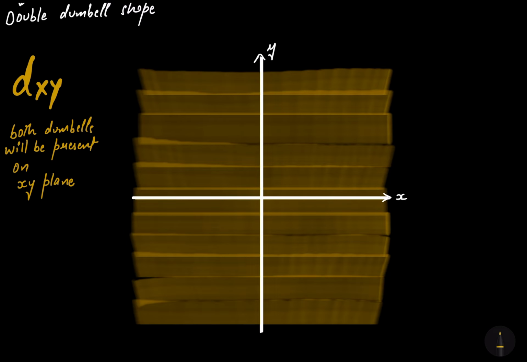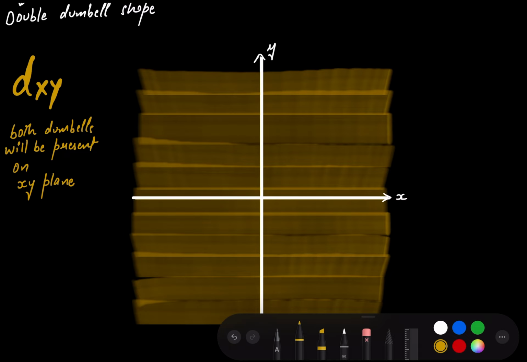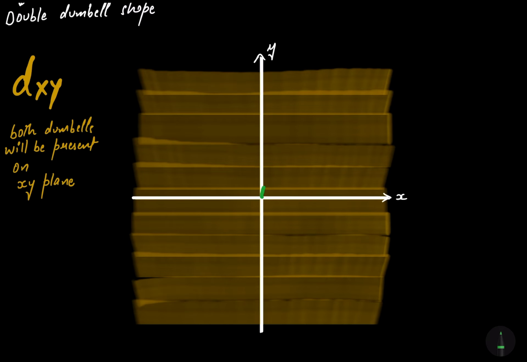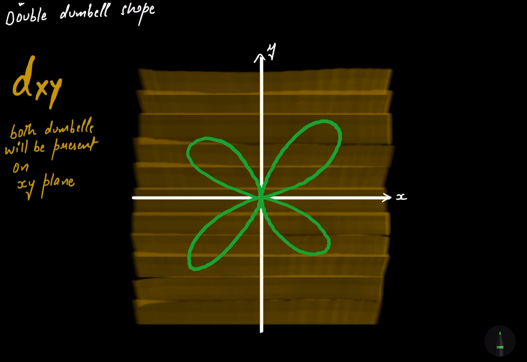So let's draw the dumbbells. Now one dumbbell will be present like over here between the x and the y, and the another dumbbell will be present over here, again between the x and y, and nucleus at the origin.